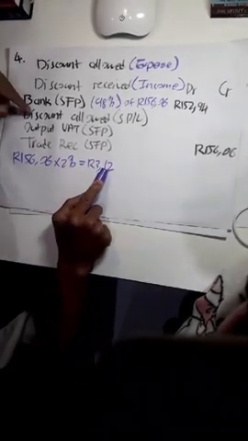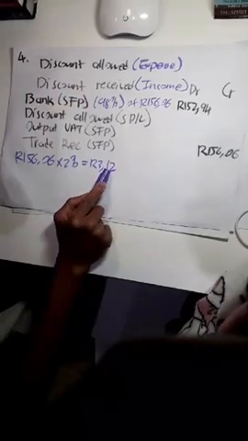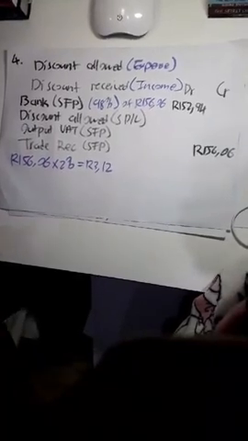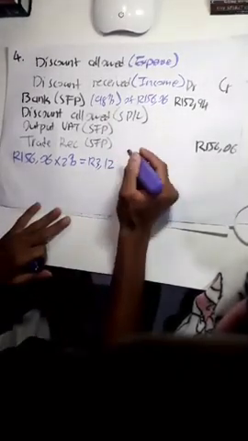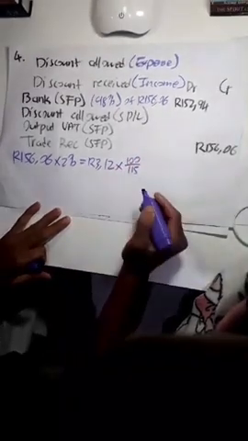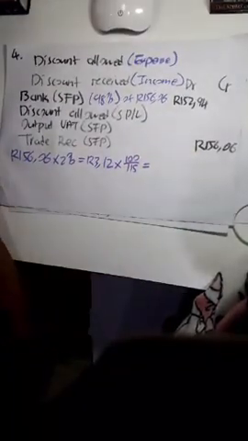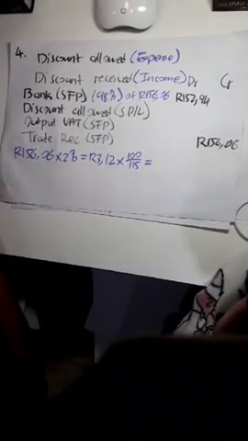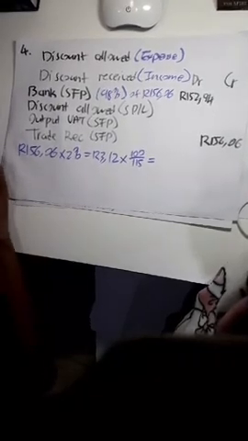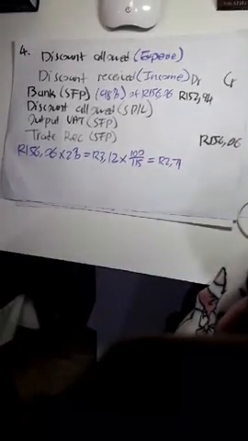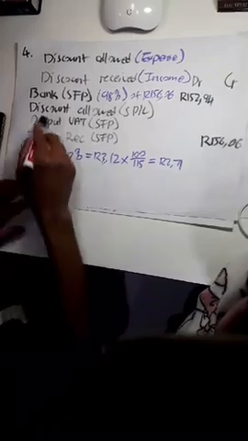But discount allowed is an expense, and expenses don't have VAT; they should be exclusive of VAT. So to get the discount allowed, you multiply by 100 over 115: 3.12 multiplied by 100 divided by 115 gives you 2 Rand 71.